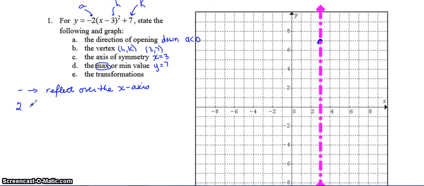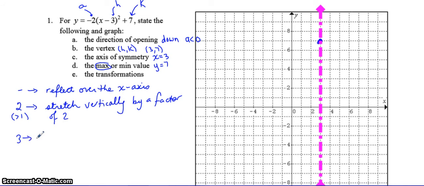The 2, since that number is bigger than 1, will make it stretch. If the number was less than 1, it would be a compression. Stretch vertically by a factor of 2.